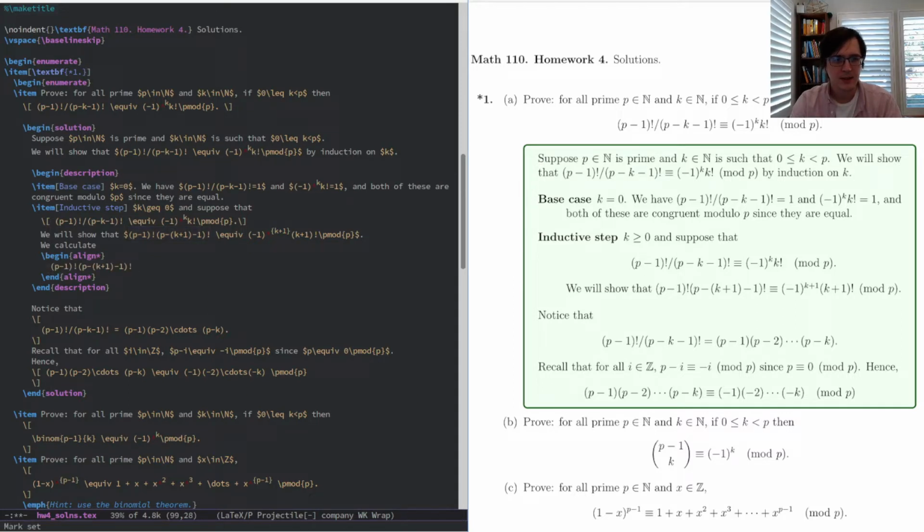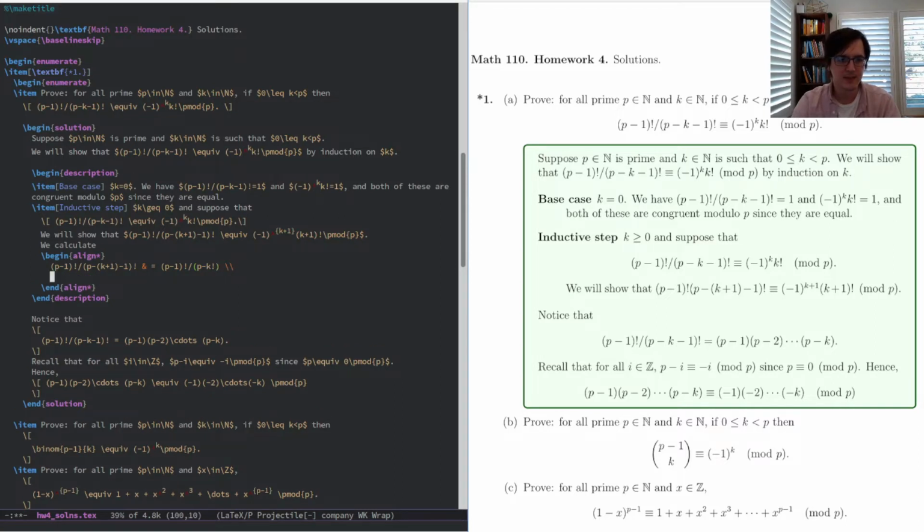So, oops, forgot a slash. Okay, so this is equal to, of course, p minus 1 factorial over p minus k factorial.